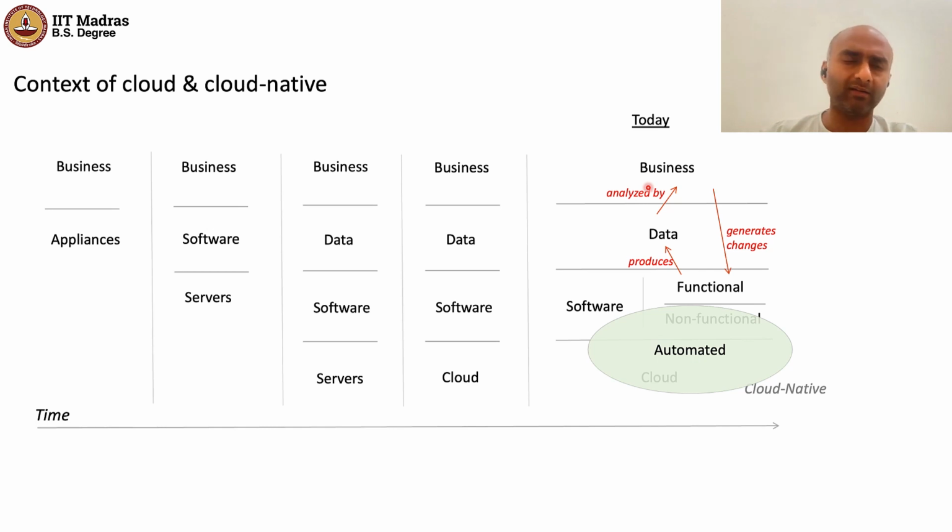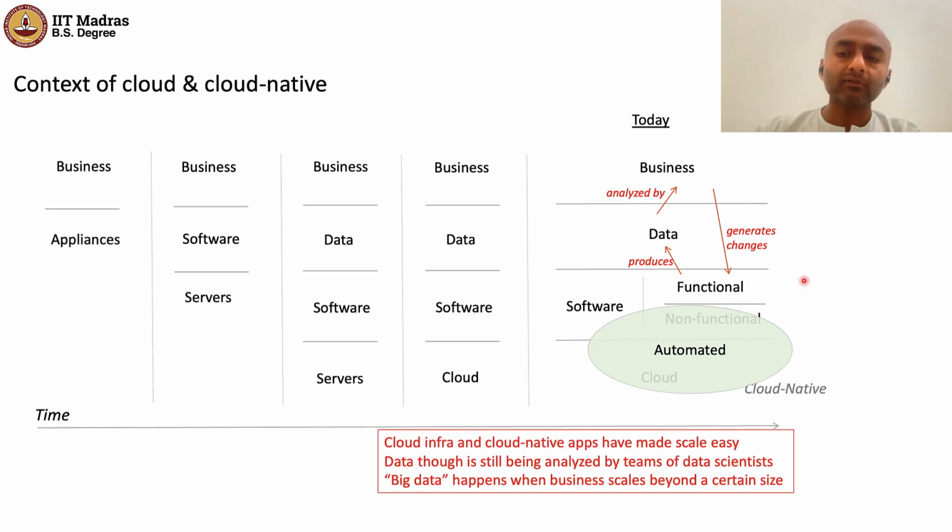But what has happened is on the data side, as the scale has become bigger, the infrastructure and the non-functional side of the software has just kept pace with that scale, but the functional side has just produced more and more data, and that more and more data has now required big data tools in order to analyze so that the business can take some action on top of it.